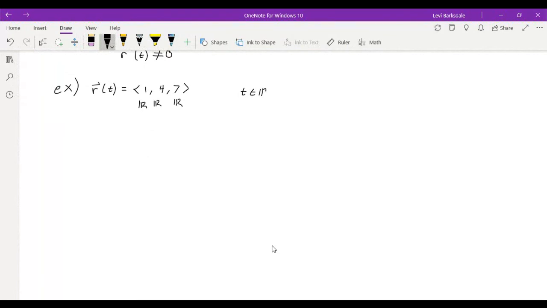But when we take our first derivative, well, the derivative of a constant is just going to be 0. So no matter the value of t, we can see that the first derivative would be equal to 0. So that tells us that r is not smooth anywhere, because for all values of t, the first derivative is equal to 0.